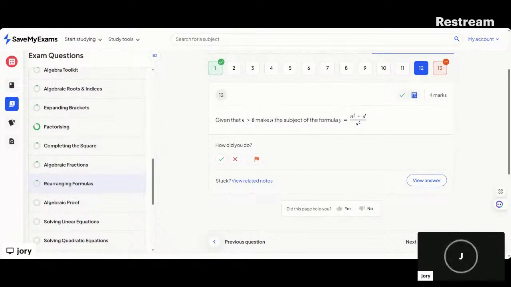Multiply by n. Oh, you multiply this one too. Subtract y. Yeah, so negative square root d over n equals 1 over square root y.